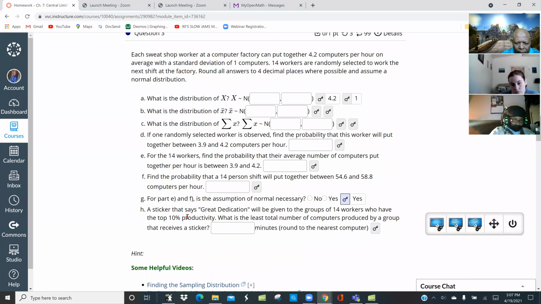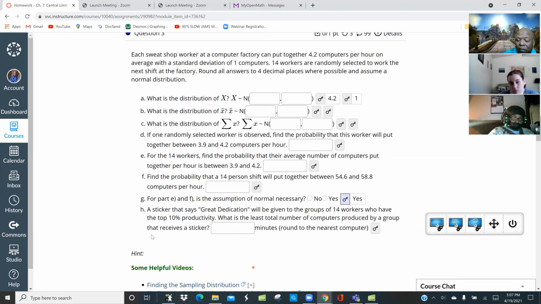A sticker that says great dedication would be given to the group of 14 workers who have the top 10% productivity. What is the least total number of computers produced by a group that receives a sticker?